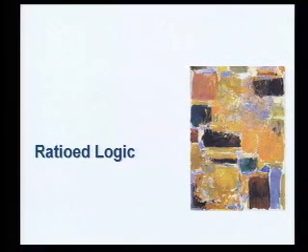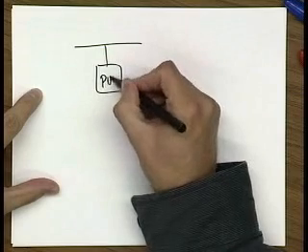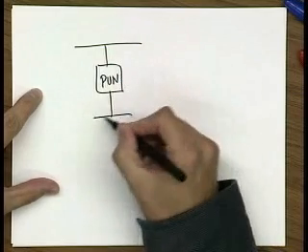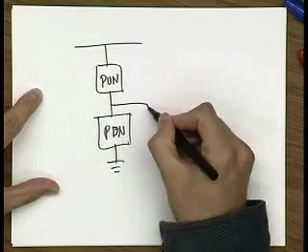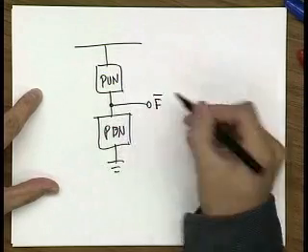So the main problem with that is basically that it costs you too much area. Because you know that for the NMOS network, let's say you have a pull-up network, and then you have a pull-down network, and this is your F bar.